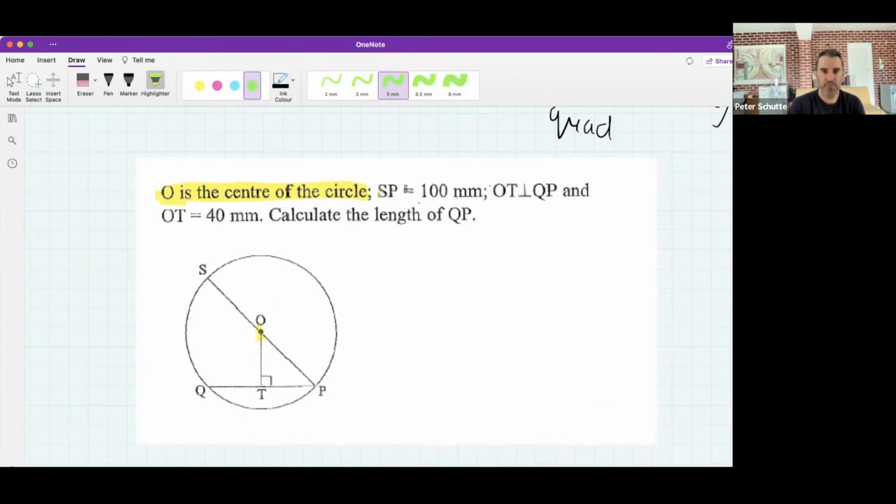It says SP is 100 millimeters, and SP is this thing over here, which looks to me a lot like a diameter. It then says OT is perpendicular to QP. So that triggers a few memories for me, but anyway, those guys are perpendicular.